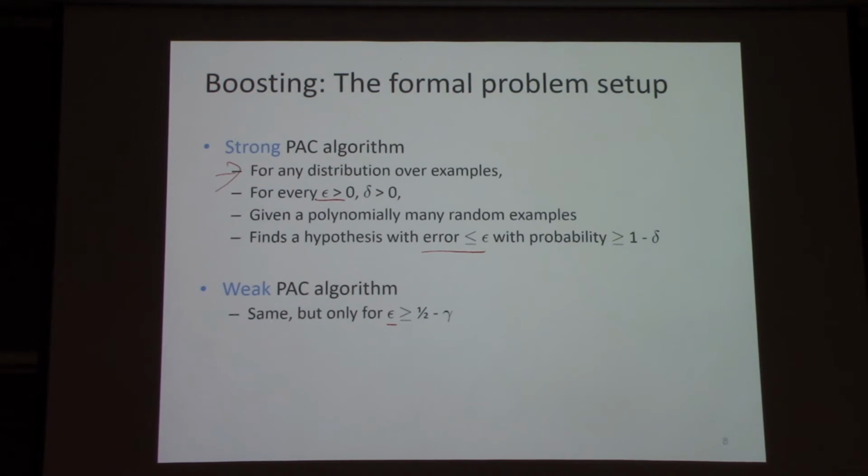In a strong PAC algorithm, the error tends to 0. In this case, all we know is the error is less than half. Of course, it's between 0 and half, but we can't say anything more than that. So the weak learning algorithm produces a classifier whose error is just slightly better than chance.